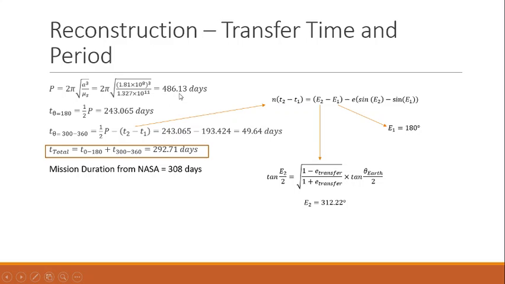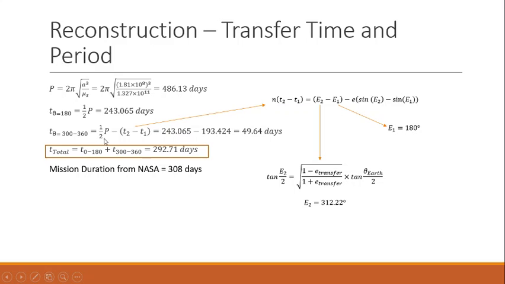We get that 486.13 days is the period of the transfer orbit, and now we know the T at theta of 180 because we assume Mars is at theta 180 degrees, and we can find it by just dividing the period by 2, and we get it as 243.065 days.